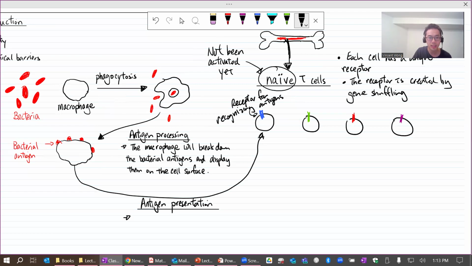And so antigen presentation involves the macrophage showing the bacterial antigen, the little red blobs on the surface, to naive T cells.